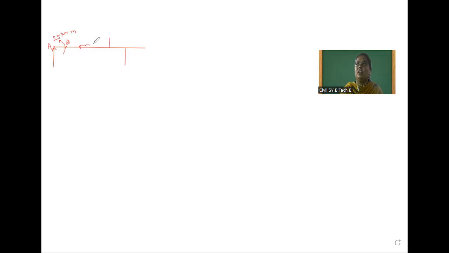And from C to the end of this beam, a uniformly distributed load is applied. So here C, and this is D point. At D point, a point load is applied.